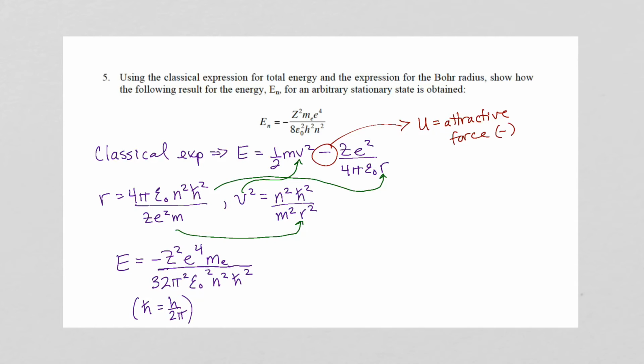Don't forget that your h bar here is squared. Okay, be careful on that. All right, so sub that in, do some cancellation, and you should get our expression that we want.